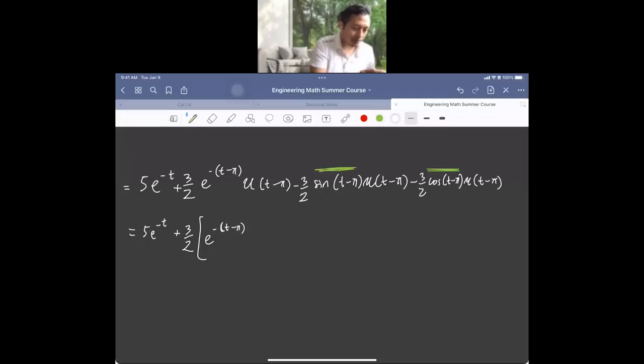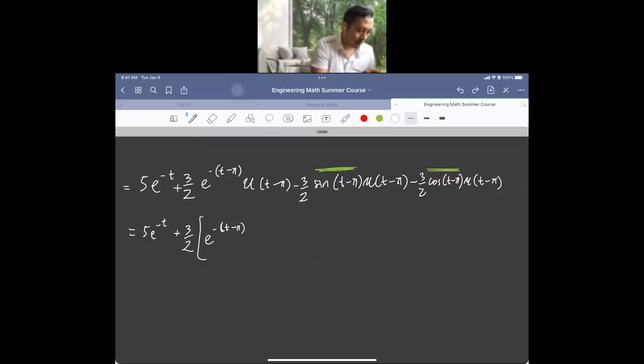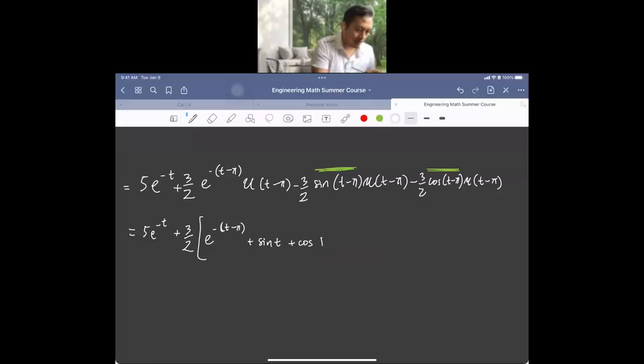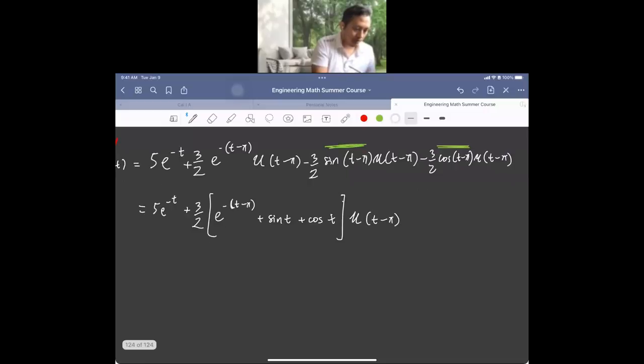For sine, negative sine (t minus pi) becomes positive, right? It's multiplied with the negative, so we will have plus. So plus sine t plus cosine t, and Heaviside (t minus pi).